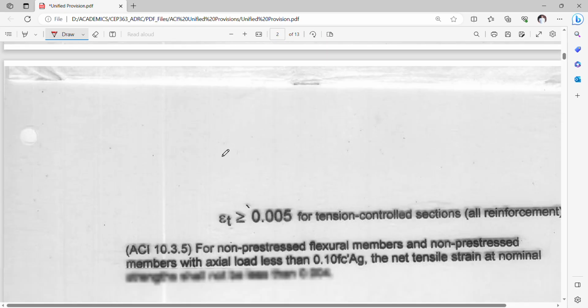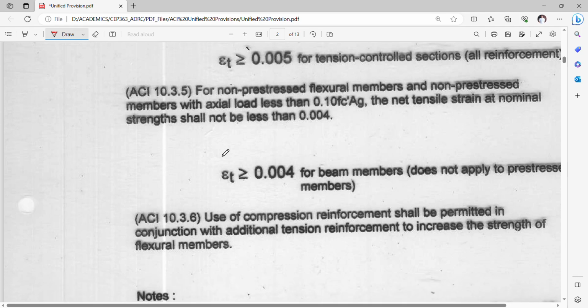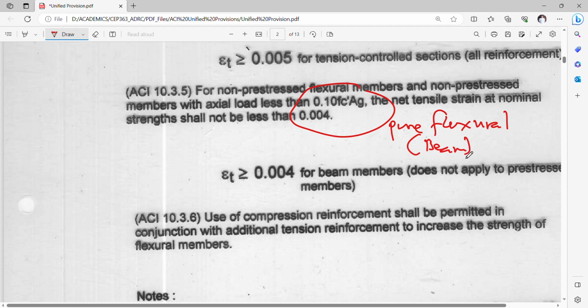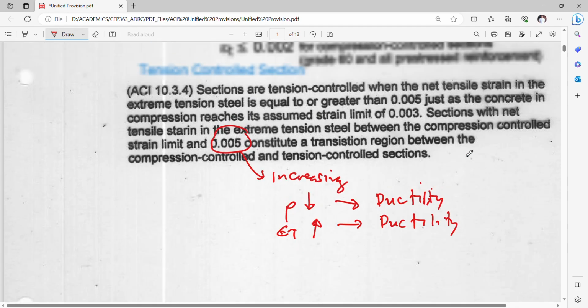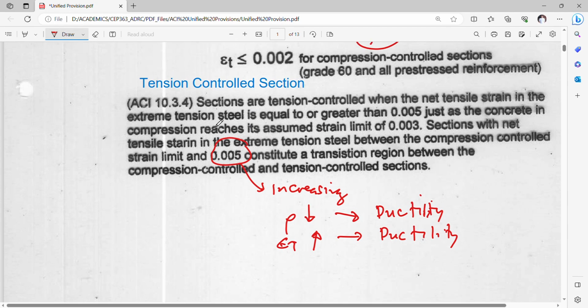Now for non-pre-stressed flexural members and non-pre-stressed members with axial load less than 0.10, we are now specifying a pure flexure case here. So this is a pure flexural behavior, or simply beam behavior. Here we are assuming an axial flexural or a beam column behavior.